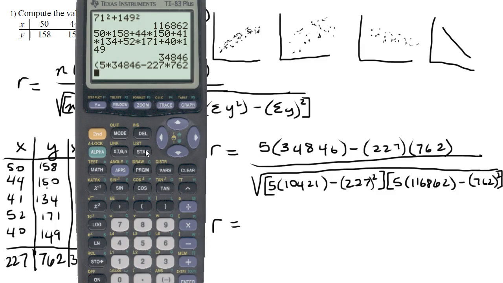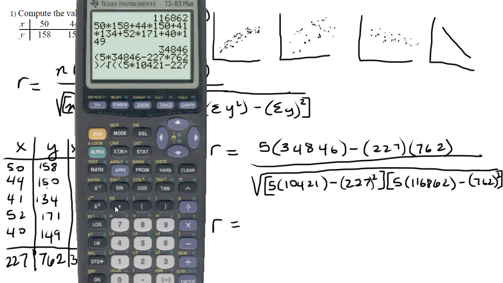That is my numerator. Okay, now we're dividing. Divided by the square root. Open parentheses. I need to open another one, because here I'm saying 5 times 10421 minus 227 squared. I'm going to close that parenthesis, so that closes this first part.